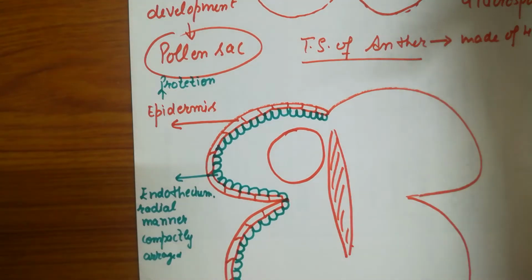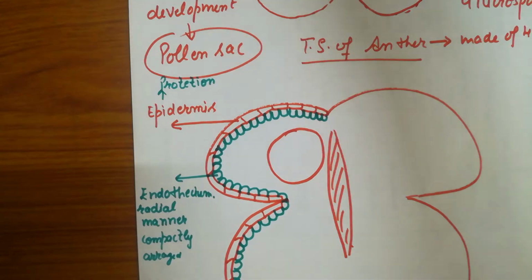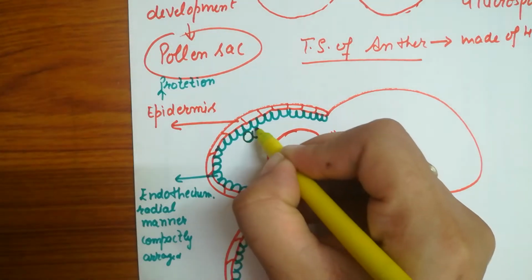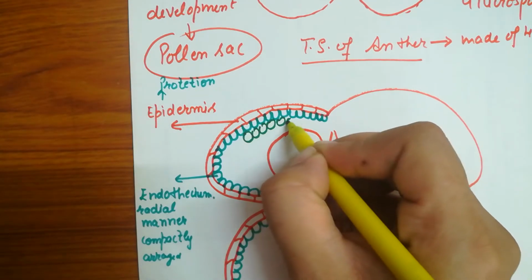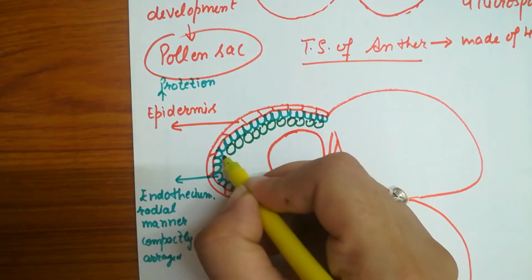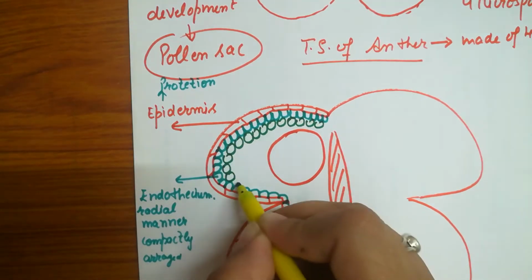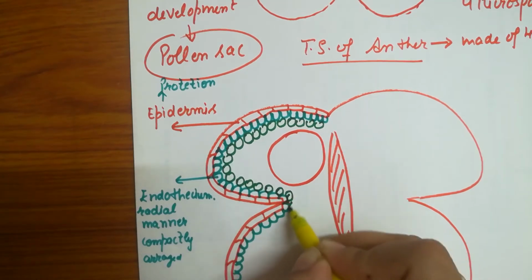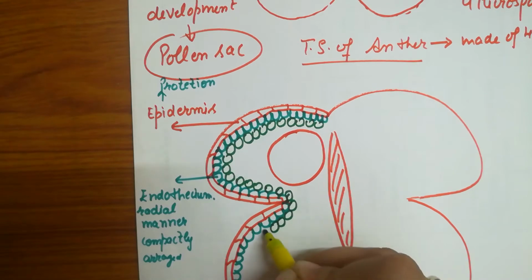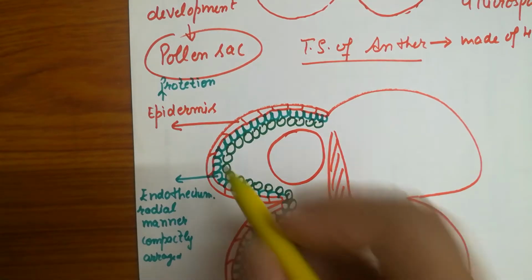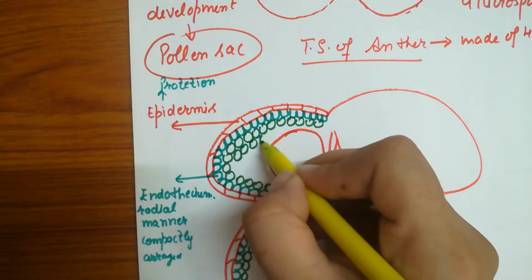Then comes the middle layer. The middle layer is three to four layers of circular, spherical-shaped cells. That means it is not a single layer of cells; you can draw approximately three to four layers. That is our third layer, which is called the middle layer.